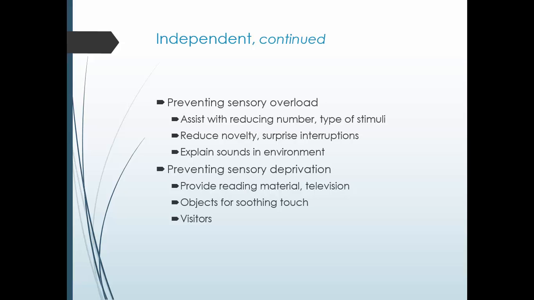Some more independent interventions. Preventing sensory overload. For those at risk for overstimulation, you want to assist with reducing the number and type of stimuli. You want to reduce novelty and surprise interruptions. Explain sounds in the environment like IV pump alarms.